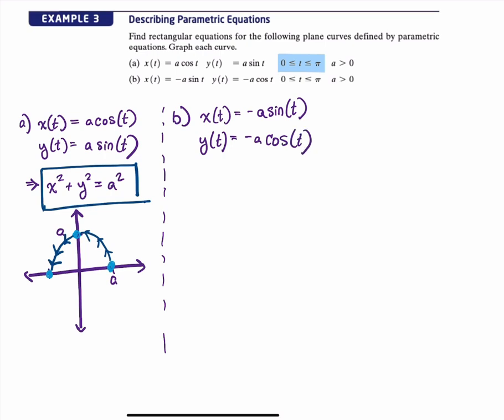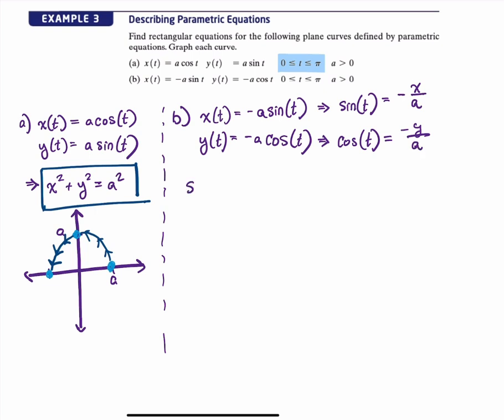So let's convert this to a rectangular equation like we did in that previous example. I can solve this for sine of t, and that tells us that sine of t is equal to negative x over a. In our second equation, if we solve it for cosine, we get that the cosine of t equals negative y over a.